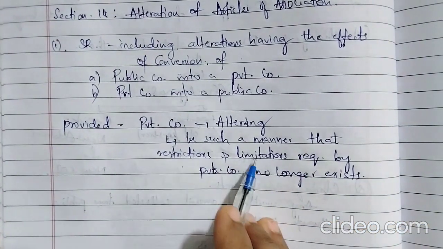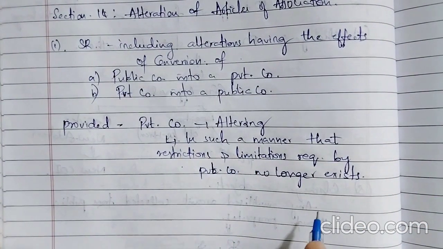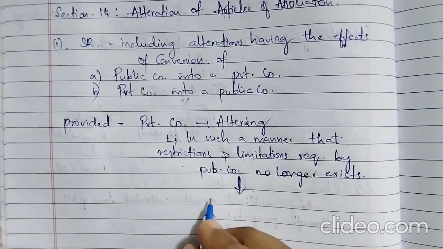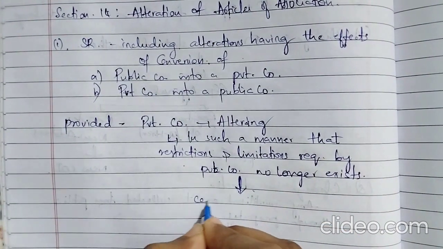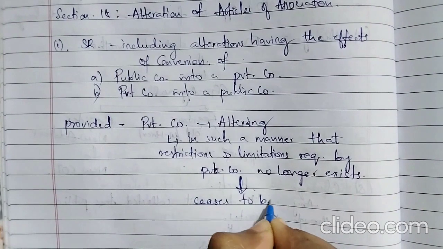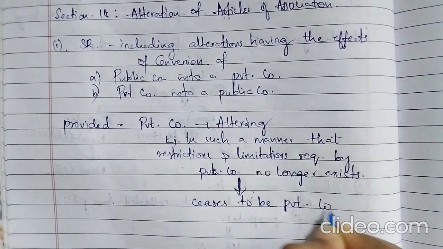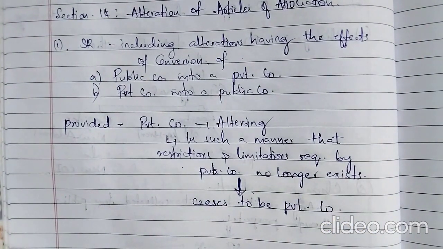The restrictions and limitations shall be removed. After they are removed, it ceases to be a private company. Once they are removed, it cannot be called a private company. It will become a public company.